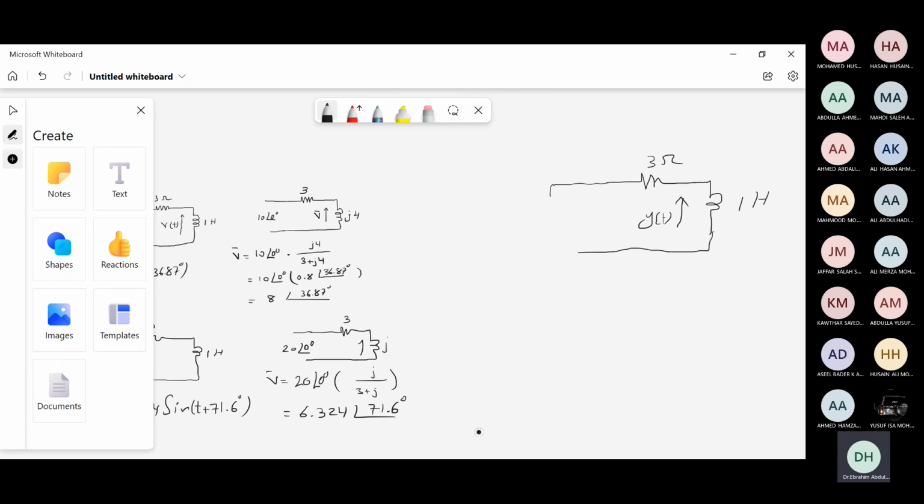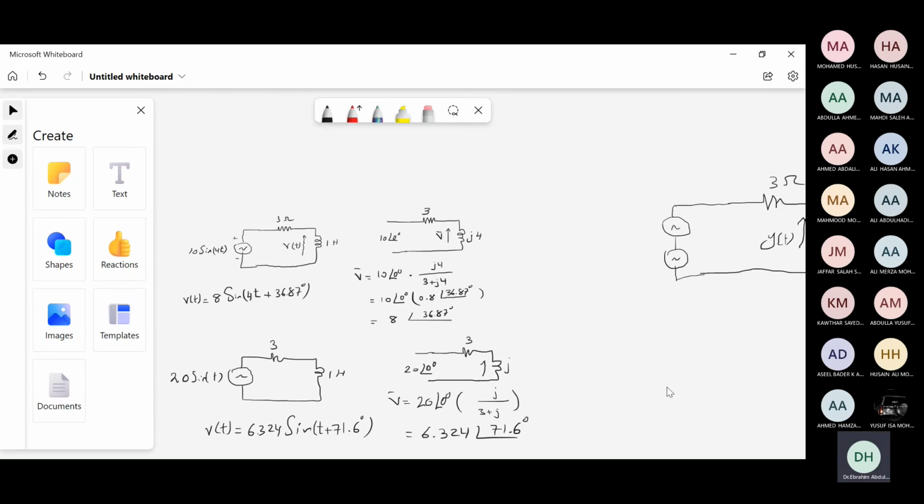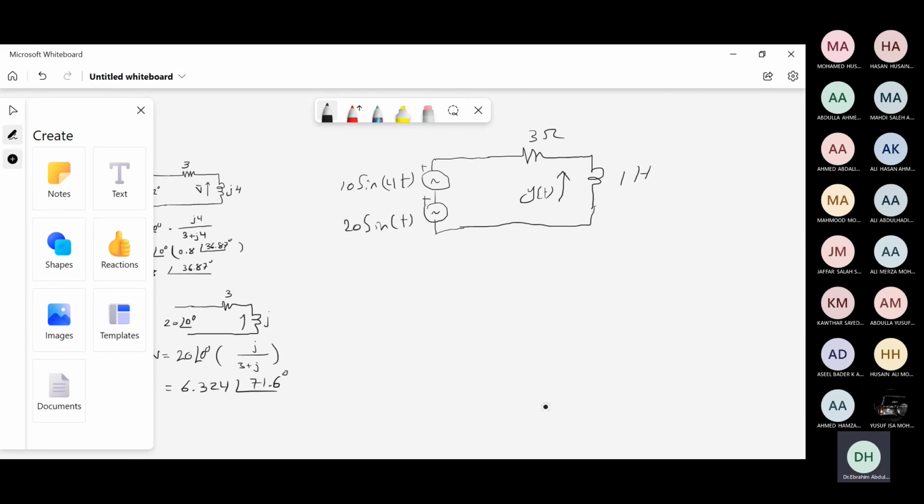But the source, I combine both, and I connected them in series. So this is 10 sine 4t and this one is 20 sine t. Then directly, what is y of t?